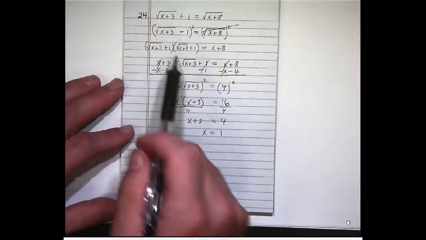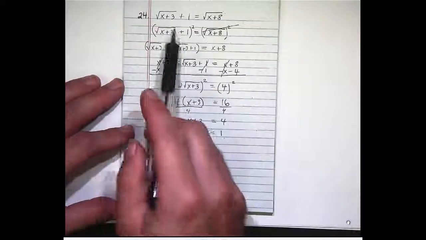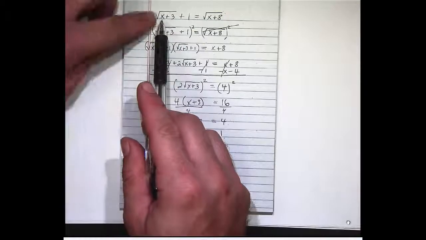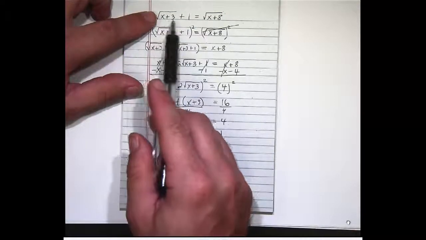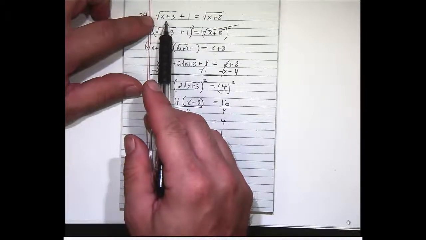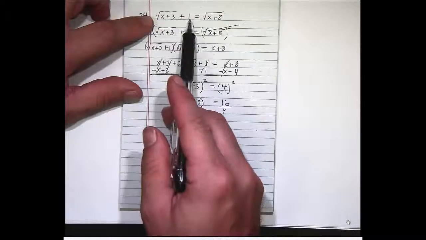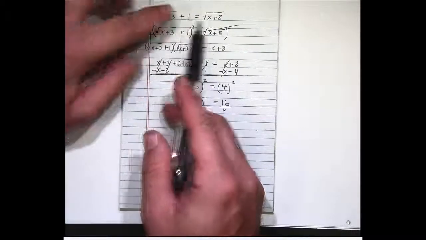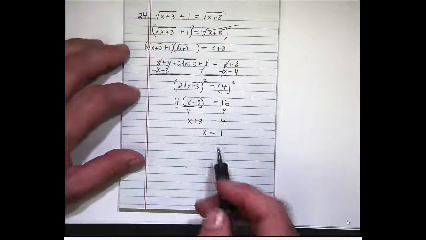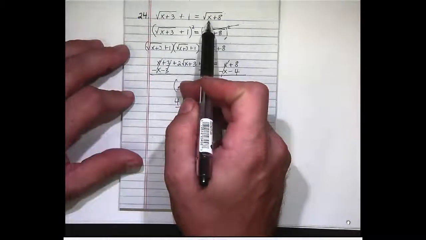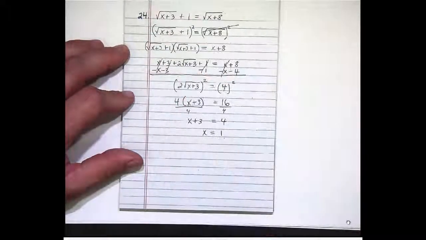And since we did square, we should probably check that this one works, right? Because sometimes squaring creates false positives. So 1 plus 3 is 4. The square root of 4 is 2. 2 plus 1 is 3. So when I plug in 1, this side comes out to 3. When I plug in 1 here, this side comes out to 3.